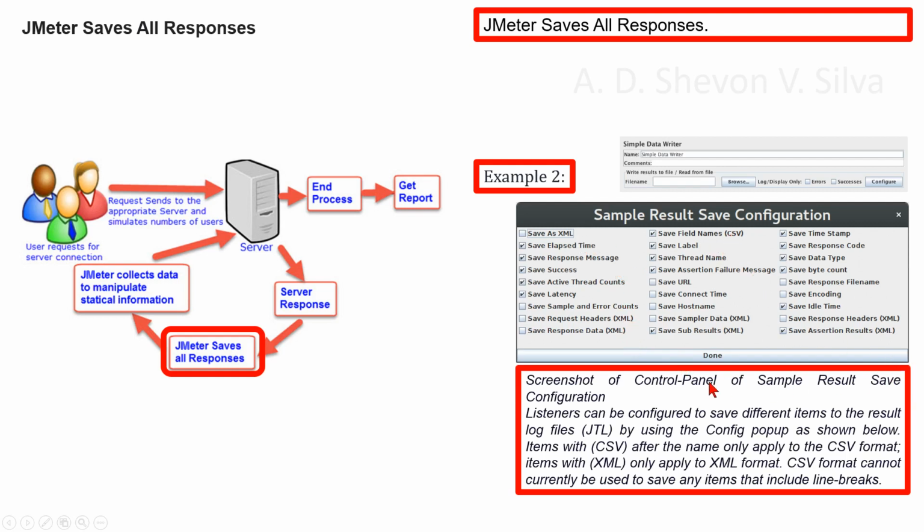Items with XML after only apply to the XML format. CSV format cannot currently be used to save any items that include line breaks.